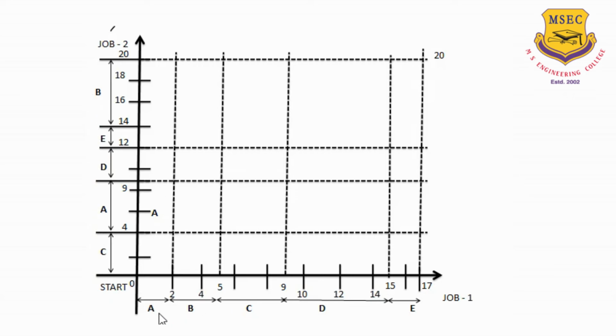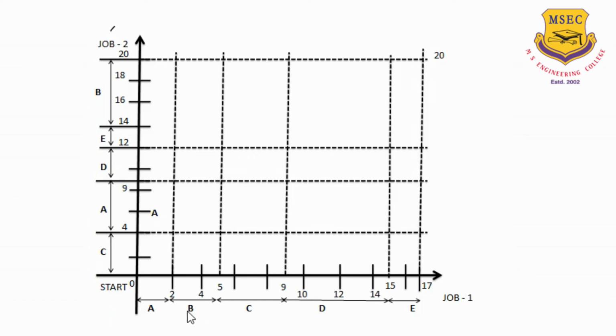For example, A takes 2 units of time for job 1. Similarly, B takes another 3 units of time. C takes another 2 plus 2 plus 1, 5 units of time. Like that, whatever time the job is going to take on the different machines is also identified and marked accordingly.